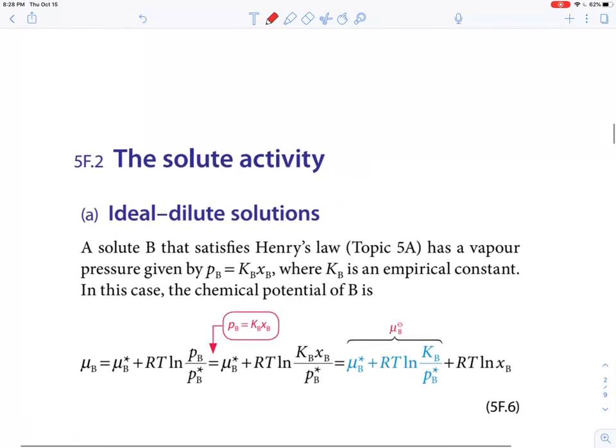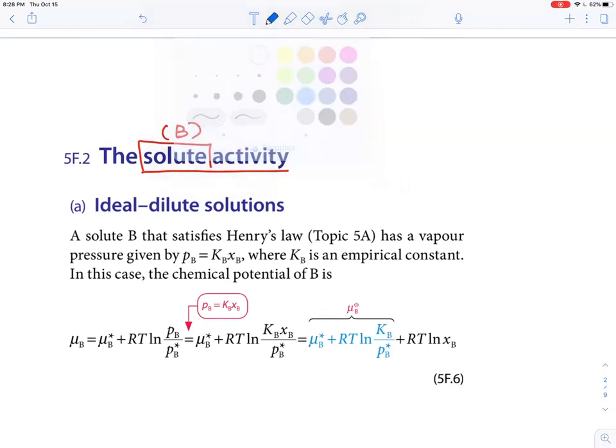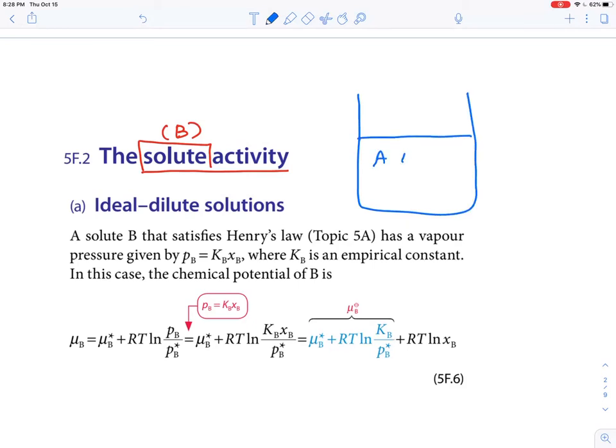The next section is going to talk about the solute activity. The solute here is always B, and that is a minor component. And as you remember the diagram that I showed with a beaker, there is a lot of A.